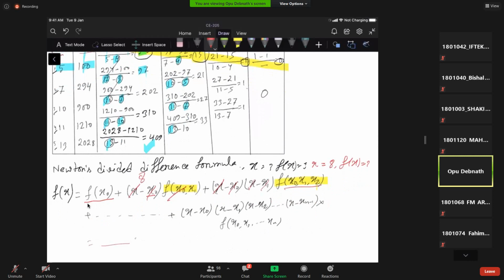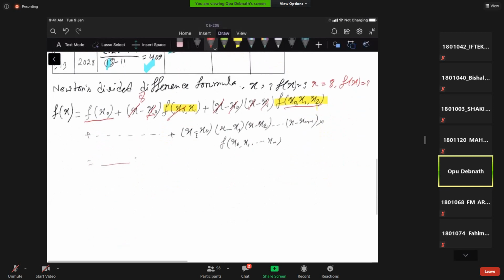Using this equation, you can find any values within this data series having unequal interval. And then next, another formula we will discuss, the Lagrange interpolation formula.